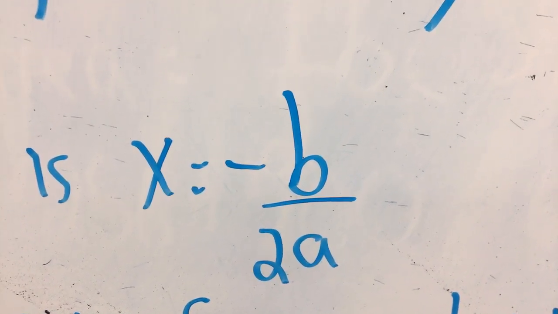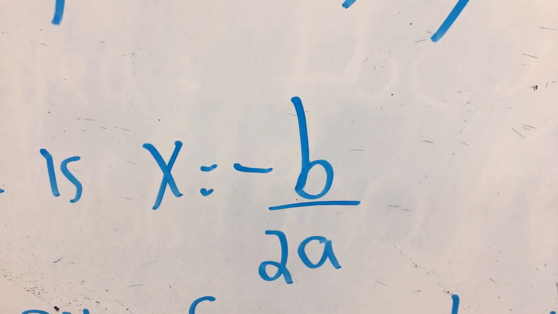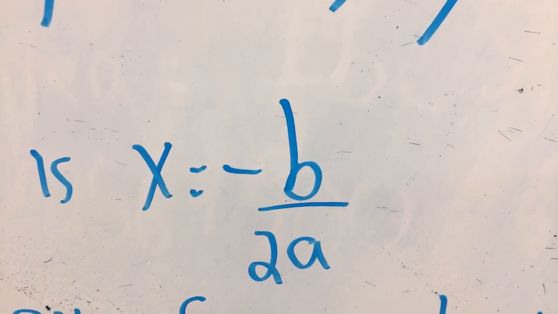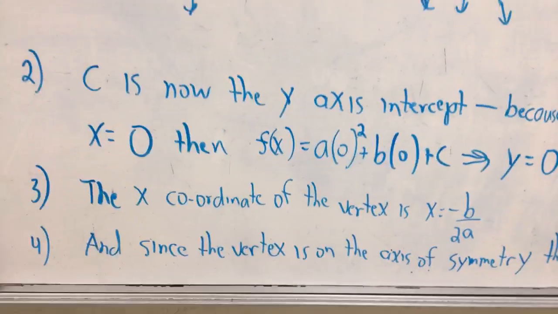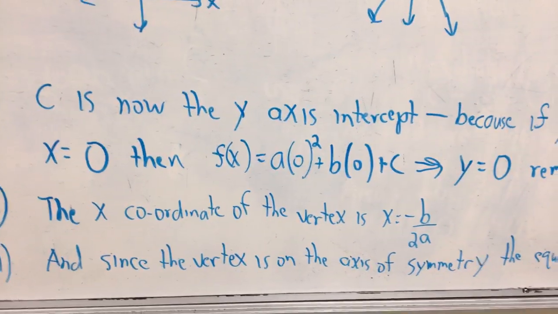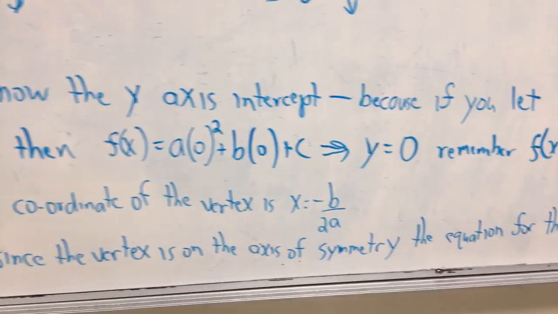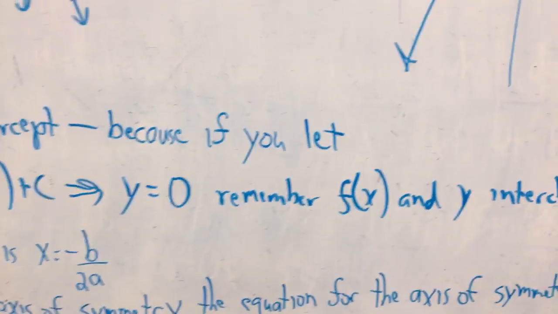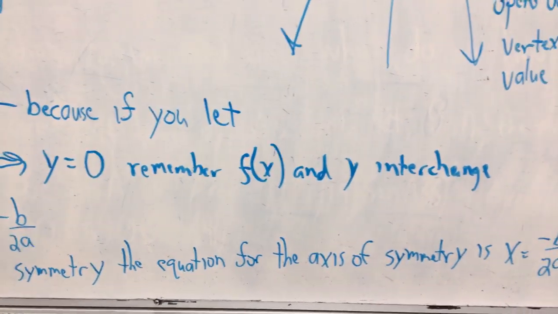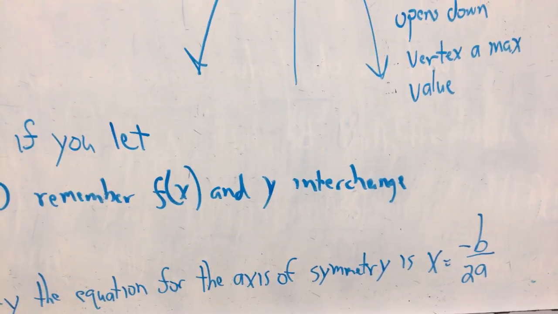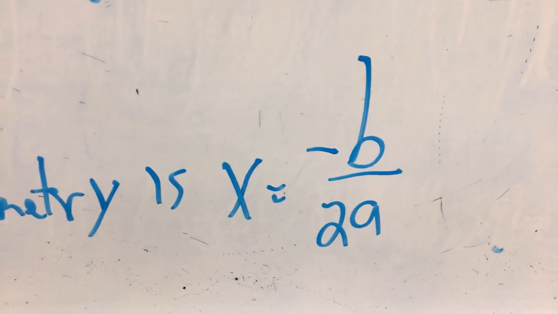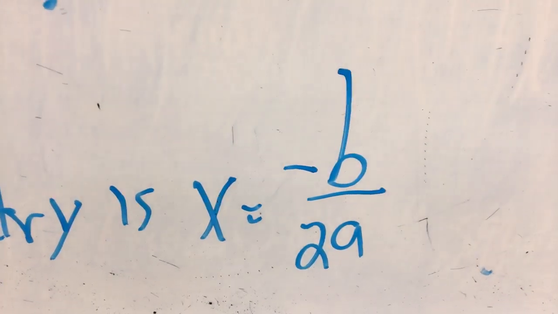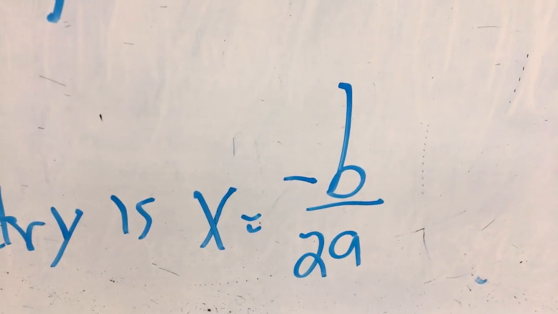The coefficient in front of the single term, or the linear x term, that is b. Take the opposite of that. Okay. And since the vertex is on the axis of symmetry, the equation for the axis of symmetry is x equal to negative b over 2a also. So this will give you the axis of symmetry that is also the x-coordinate of the vertex.